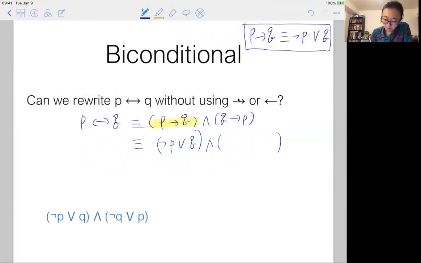I can write Q implies P as not Q or P. Okay, and that's exactly the solution I typed at the bottom. So that's it for the first part. I'm reviewing certain concepts affiliated with implication and quantifiers, and in the next part, we're going to do a lot of practice problems.